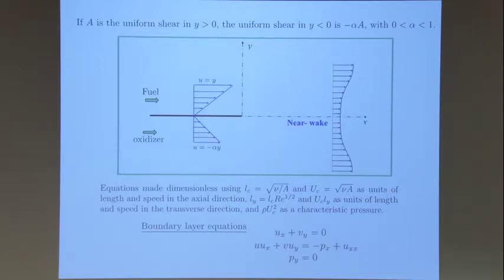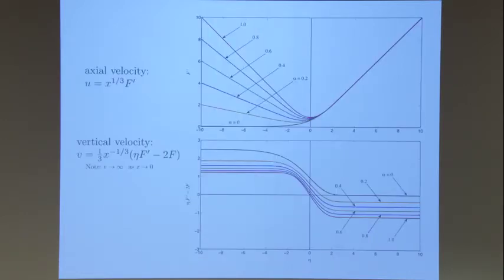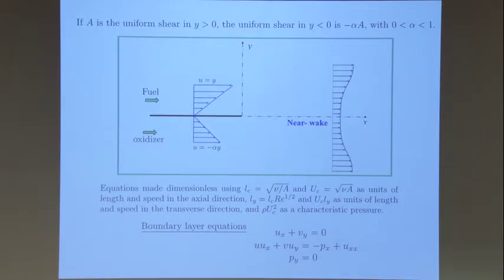And so this is the problem. The Goldstein solution is represented by this similarity form, and therefore the equation admits an ODE that can be solved with two boundary conditions. This is the type of solution that you get for different values of alpha, but I forgot to explain what alpha is. I'm assuming that the straining here and here is different.